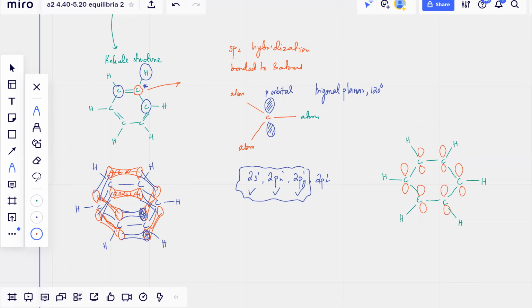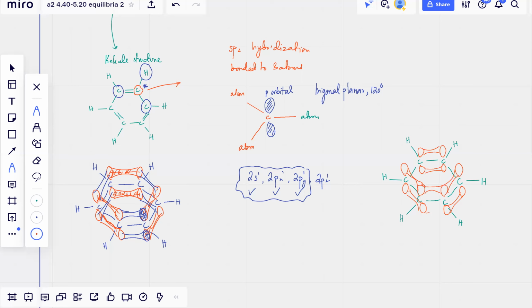So what eventually happens is that all these extra p orbitals start to overlap. They can form pi bonds, 3 of them, which means 3 double bonds are formed alternatingly. They can start to overlap with each other. But eventually they all start overlapping with each other.